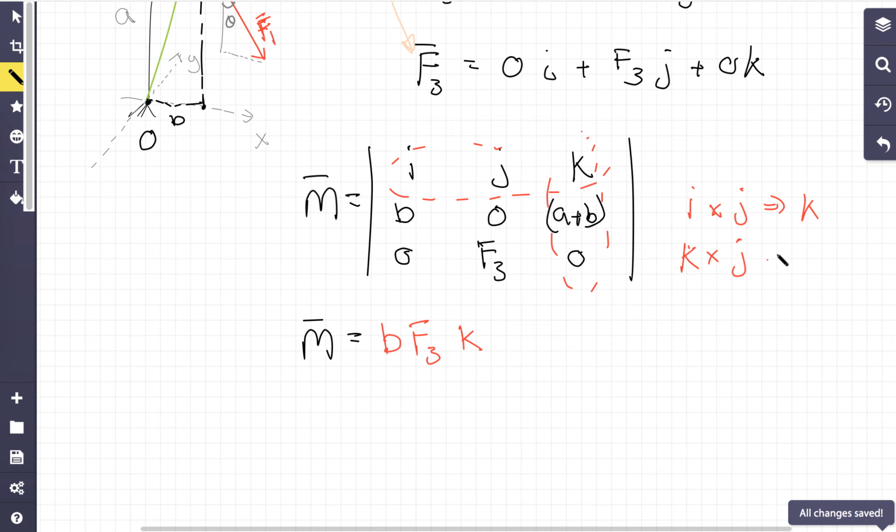Over here, I'm going to change this now from green to black. So we have an r vector of OB.